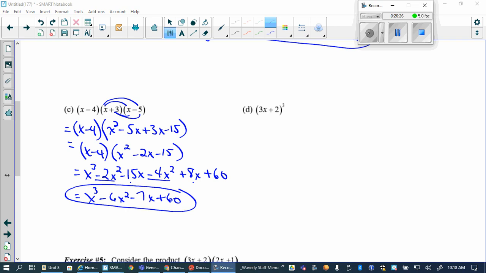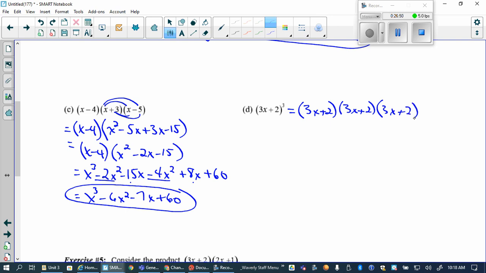So, part D. Does that mean I'm just going to cube the 3x and then cube the 2? No. Good. That means I'm going to do what? So this will be 3x plus 2 times 3x plus 2, right?